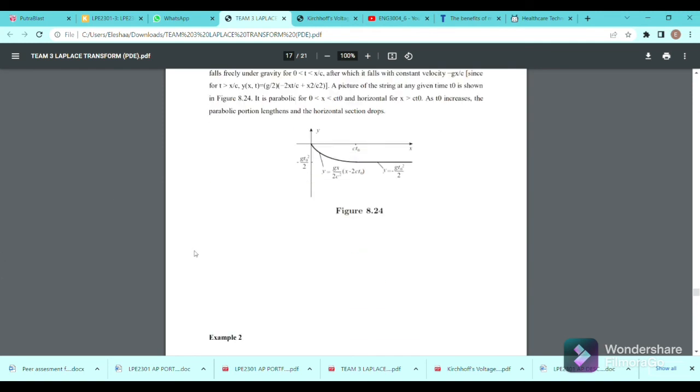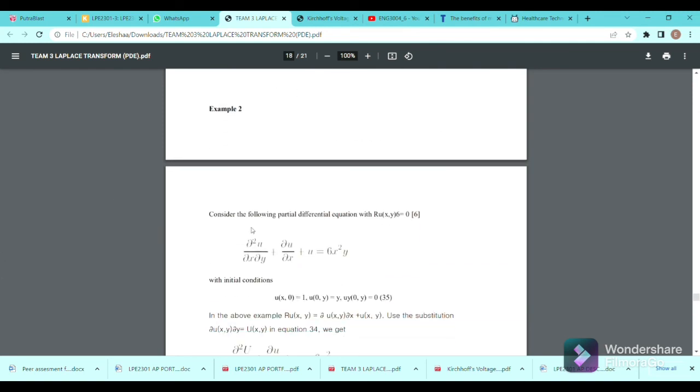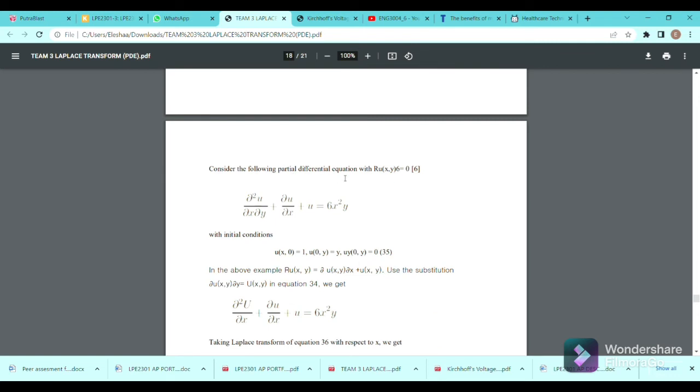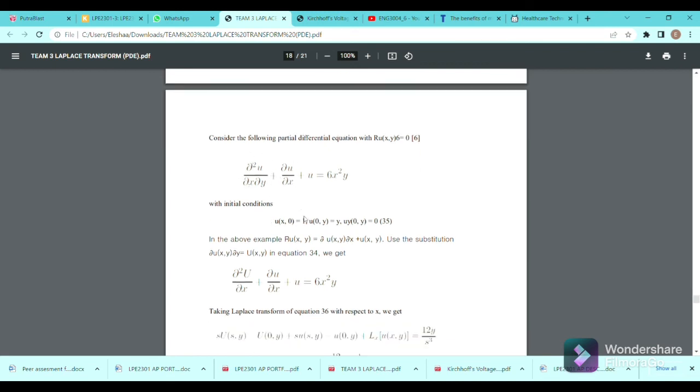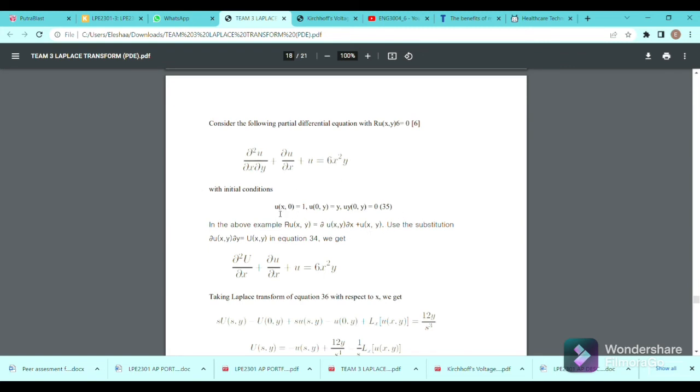Next example: consider the following partial differential equation. This equation right here has a second derivative and a first derivative. The initial conditions are the same as in the above example.